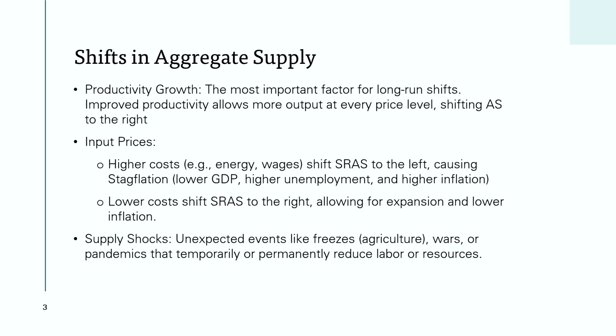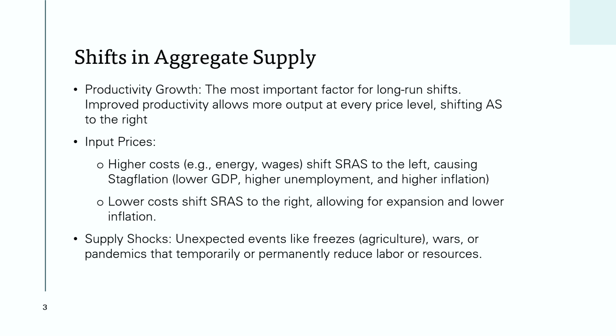In contrast, if input costs fall, the short-run AS curve shifts to the right because firms can produce more at lower cost. Aggregate supply also shifts when unexpected supply shocks occur.